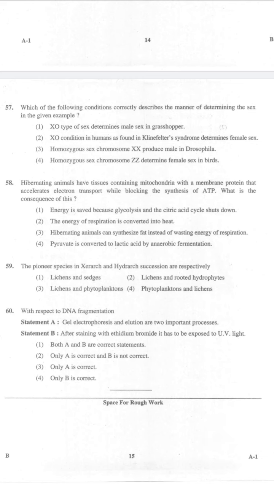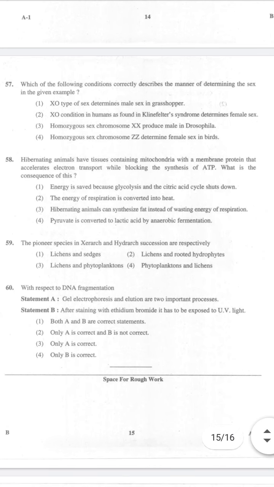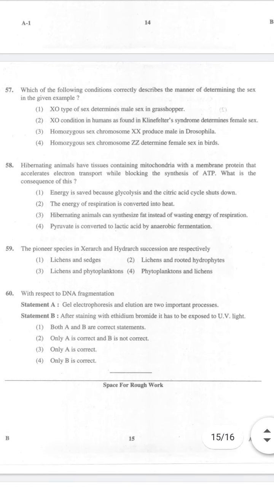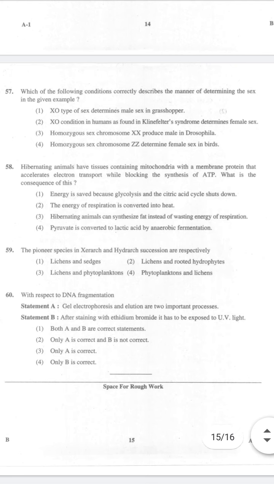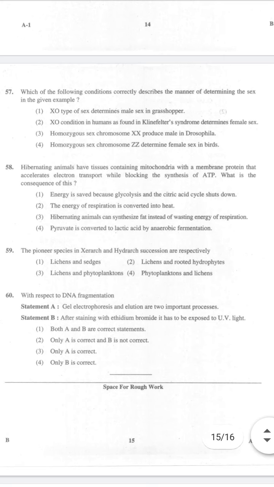The last question of this 2015 NEET paper is the 60th question. Let's discuss it. With respect to DNA fragmentation, statement A, gel electrophoresis and elution are two important processes. Statement B, after staining with ethidium bromide, it has to be exposed to UV light.